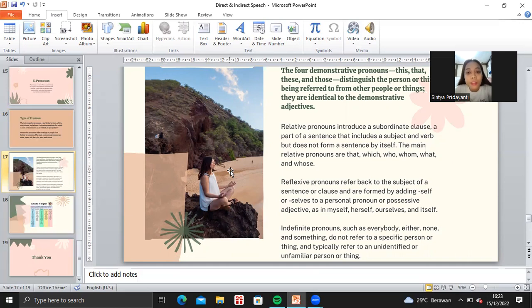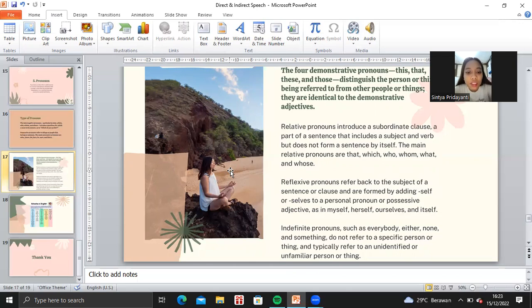The main relative pronouns are that, which, who, whom, what, and whose. Reflexive pronouns refer to the subject of the sentence or clause and are formed by adding self or selves to the personal pronoun or possessive adjective, as in myself, herself, ourselves, and itself.